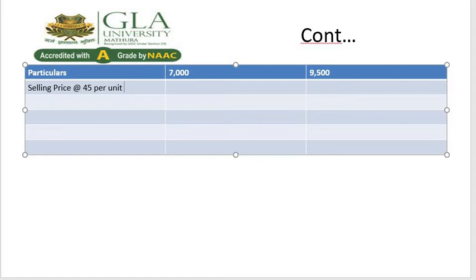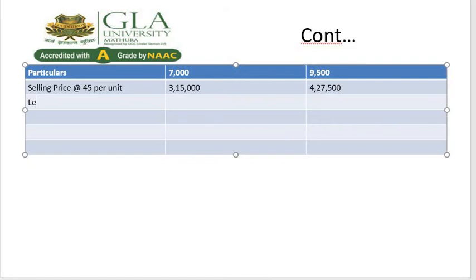In case of 7,000 into 45, that is 3,15,000. In case of 9,500 units into 45 equals 4,27,500.